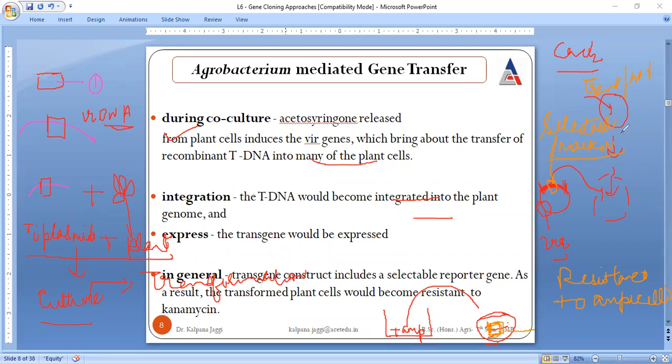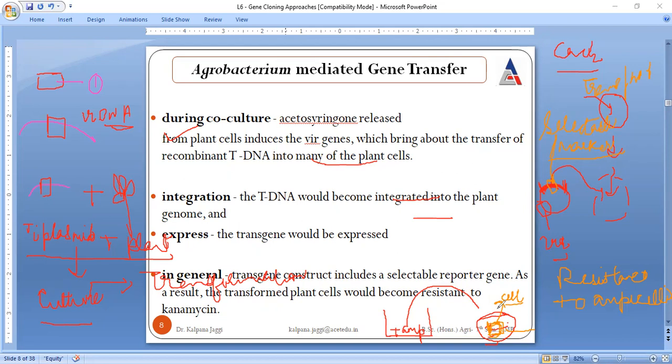If transformation has taken place, then these plants must be containing the gene construct, and within that gene construct there is for sure going to be the ampicillin resistance gene. If not, all the cells will die because they cannot tolerate the antibiotic present within the media. But if transformation has taken place, the host genome has this gene and will be capable of surviving within this media.